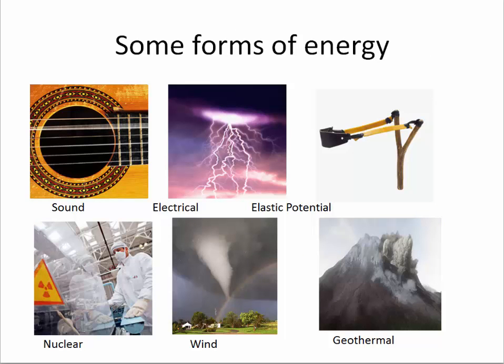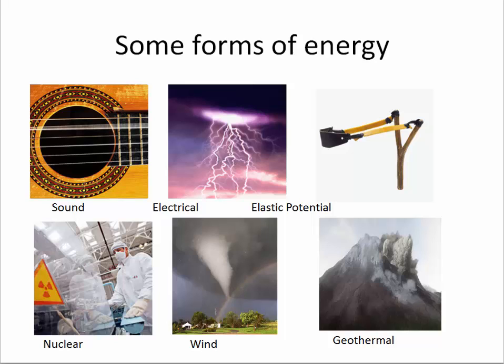Other forms, sound, the guitar, the ukulele that you see. It's a form of kinetic energy. Electrical energy from the bumping of two clouds that are charged in opposite ways. The elastic potential energy from pulling an elastic, nuclear energy, wind, geothermal.